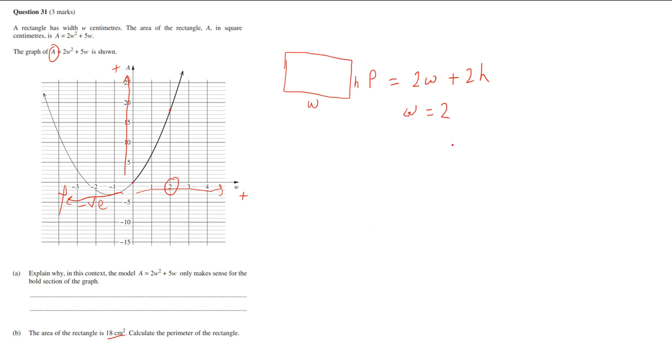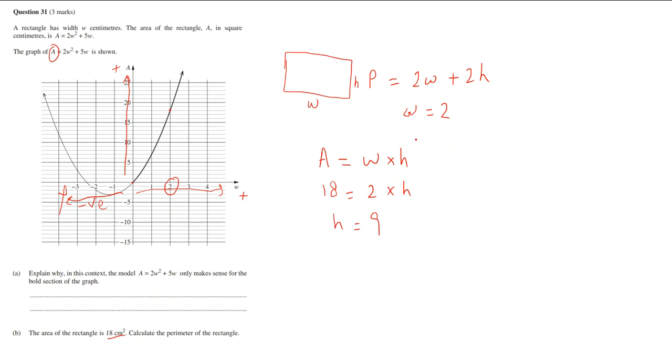What I don't know is what is H. But there is one more thing I know. This is one way of working out the area, but we also know that the area of a rectangle, the formula is the width times the height. If I already know that A is 18 and I know that width is 2, then we can work out what is the height. So height is 9.